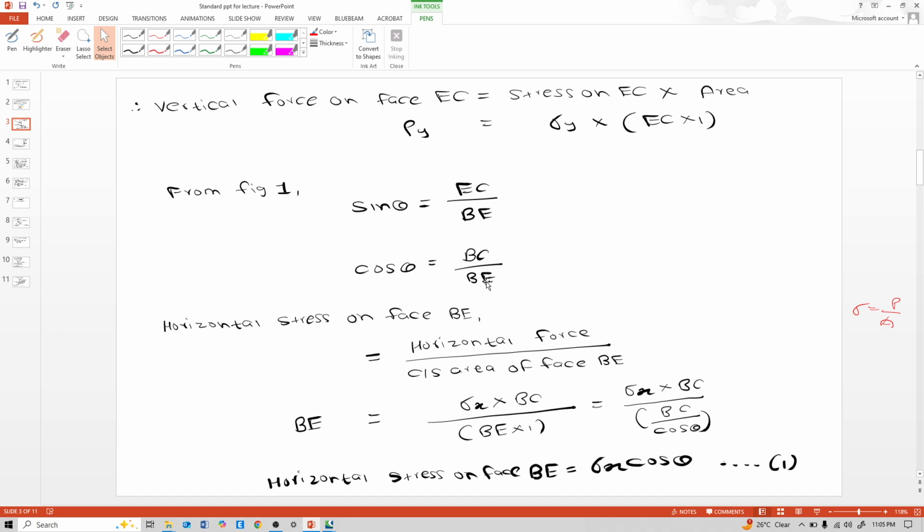BE is equal to BC upon cos theta. So horizontal stress on face BE is equal to sigma x cos theta, denoted as equation 1. We use cos theta for BE because we have to cancel BC in the numerator and denominator.